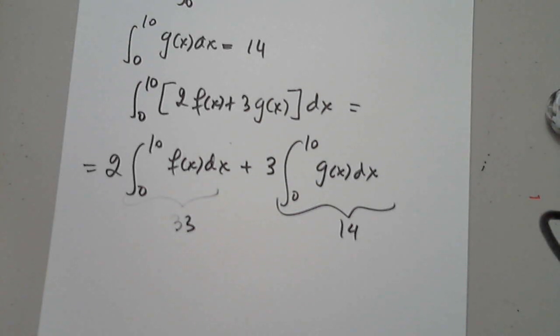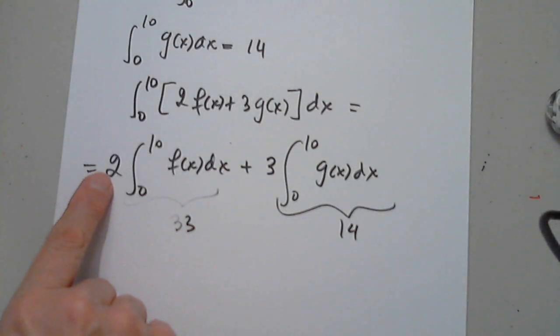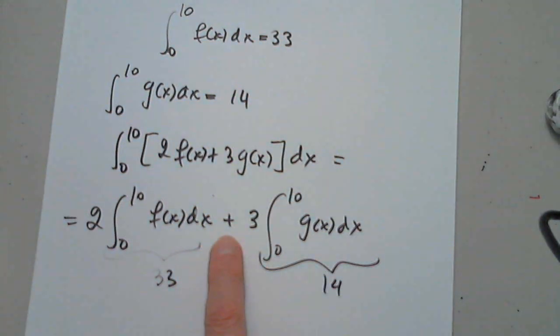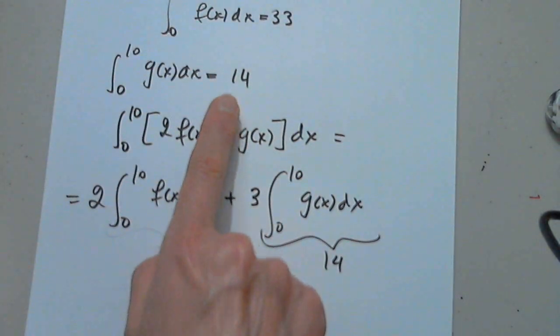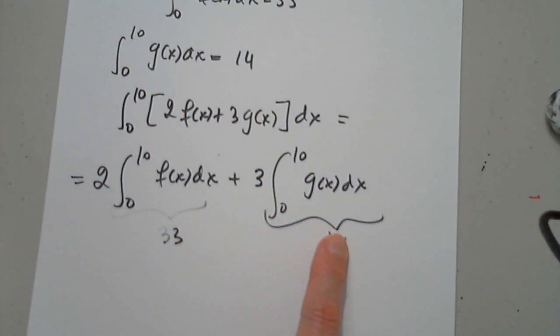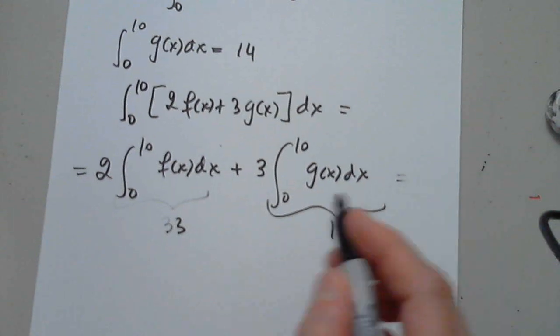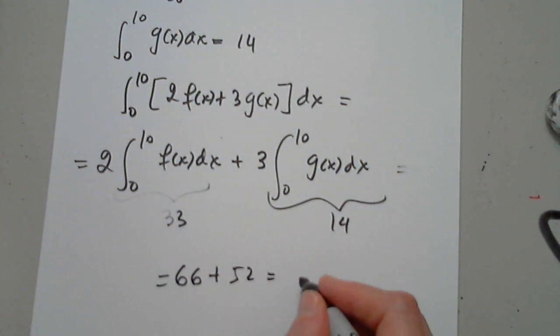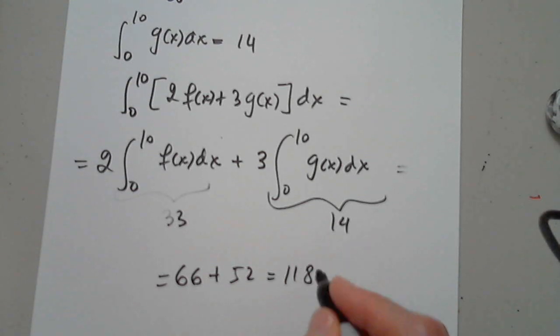Is that okay? Okay, you said just multiply 33 times 14. It's 2 times what you gave me, and then plus 3 times. Okay, I see. So it's 66 plus 52, 118.